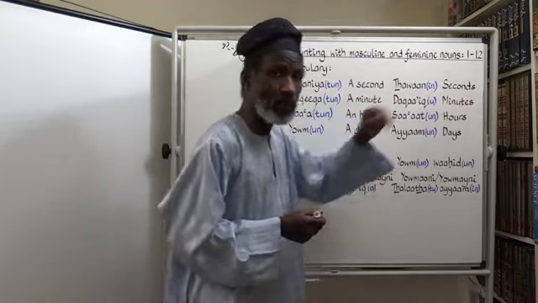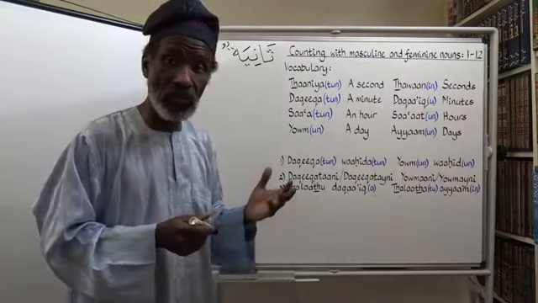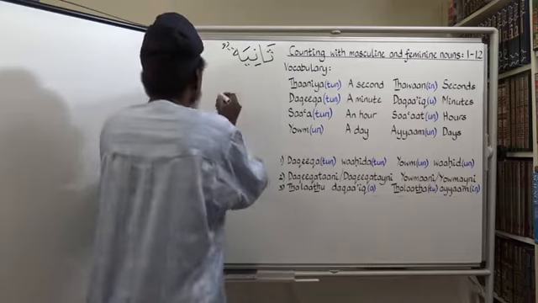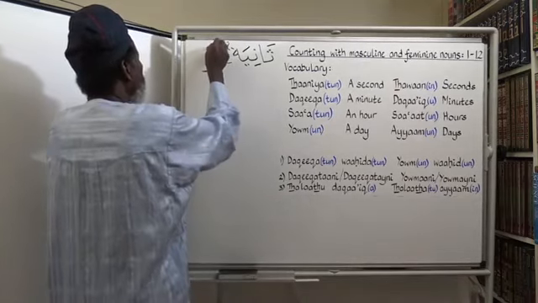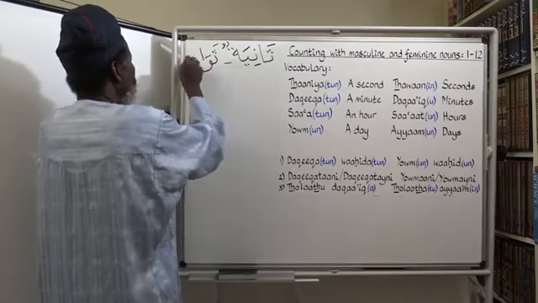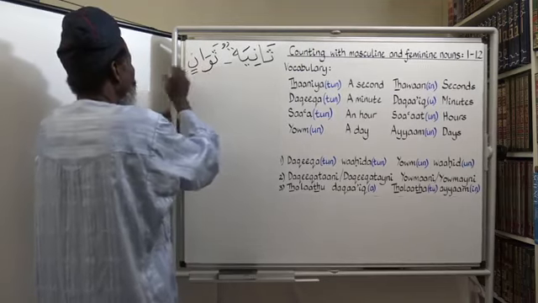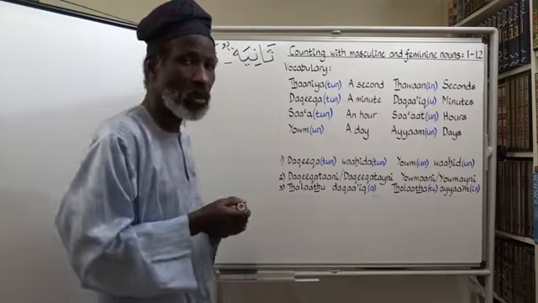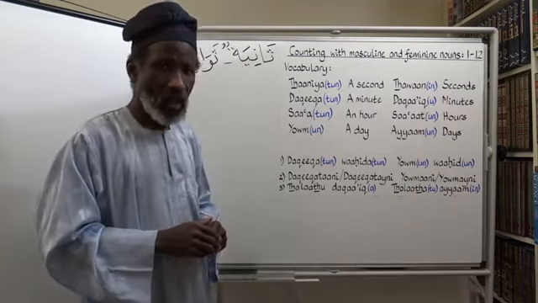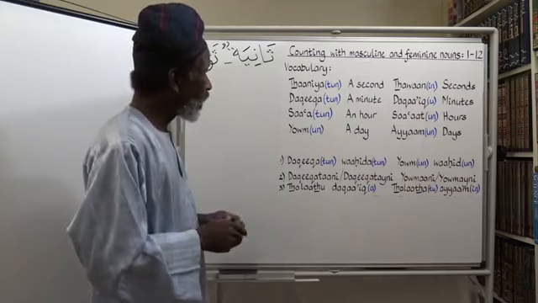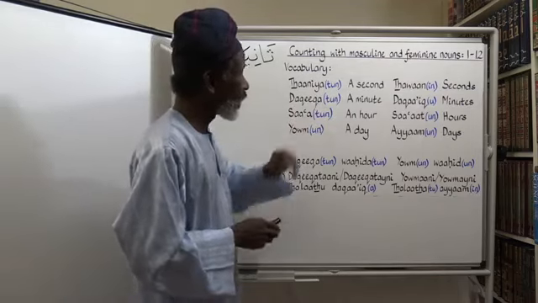ثوان, that's a plural. Seconds. And you write it, let me write it here. ثوان. That's plural. That's seconds. دقيقة.